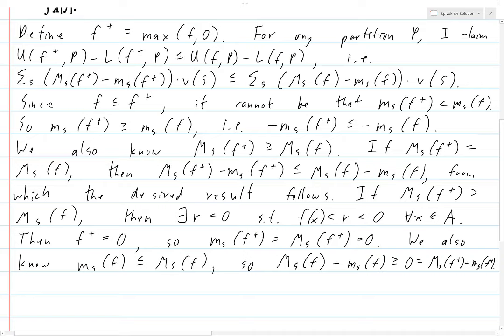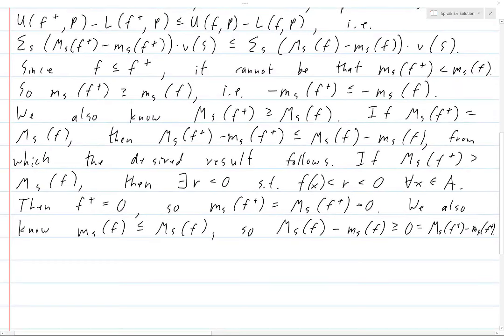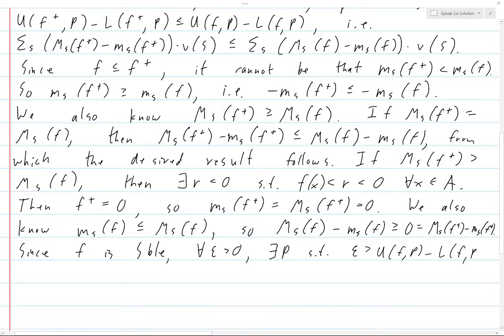So, there, I'll leave it at the top there. Since f is integrable, for all epsilon greater than 0, there exists a partition P such that epsilon is greater than UfP minus LfP.